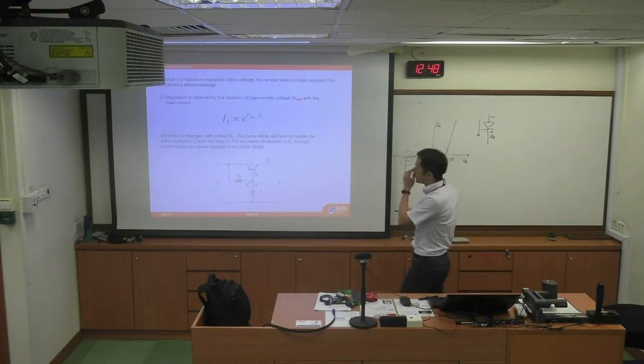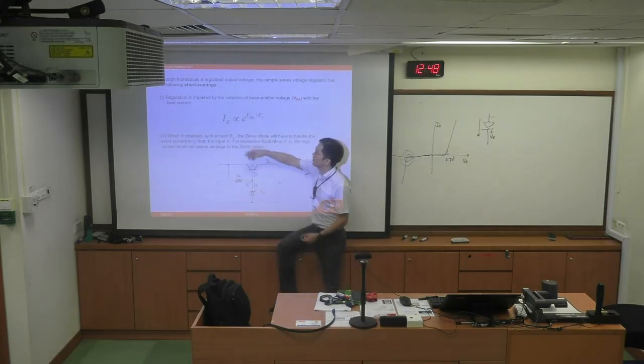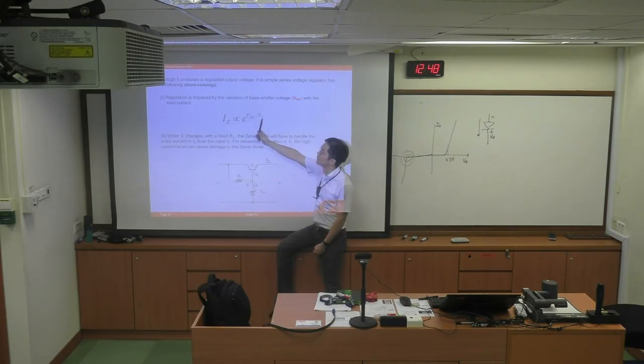Now, I said the VBE actually changes with respect to the temperature as well as the load current, and it is because the load current, i.e. the emitter current, is proportional to the exponential of VBE over VT, where VT is 26 millivolts. And VT itself changes slightly with the temperature variation.